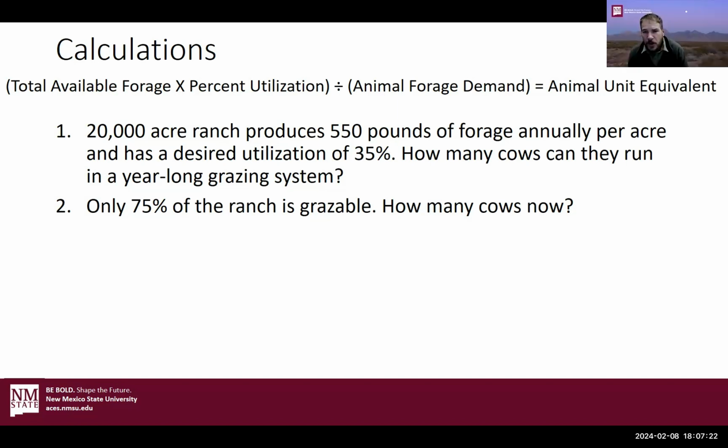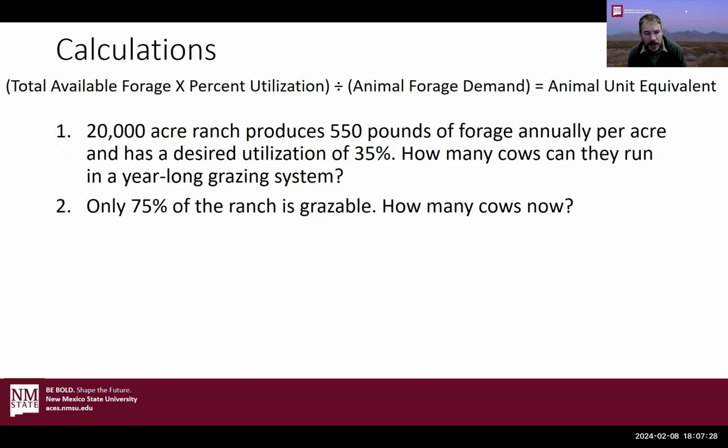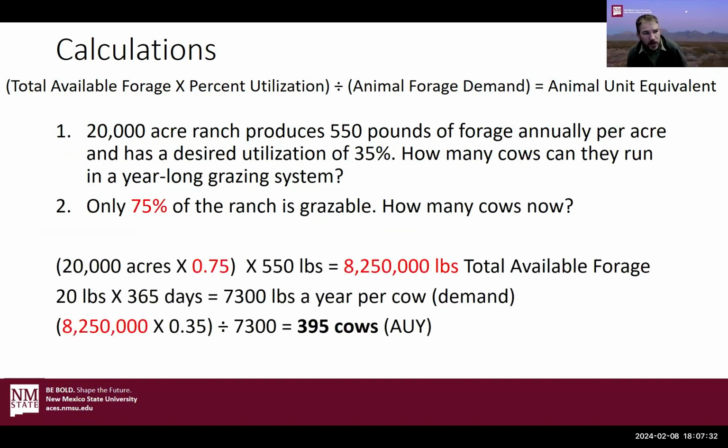All right, you remember the last one, 527 cows. If we continue on with that, there are only a few things that we're changing, and those are marked in red. So 75% of the ranch.